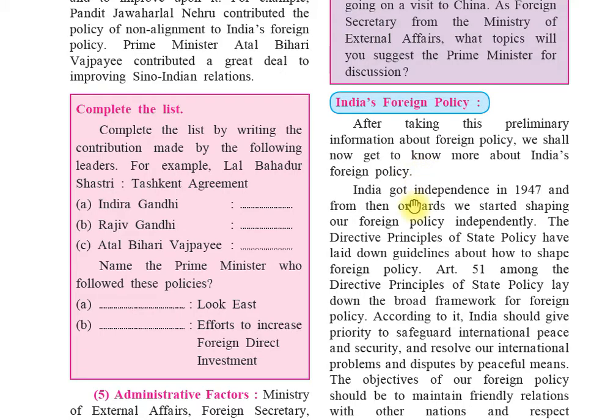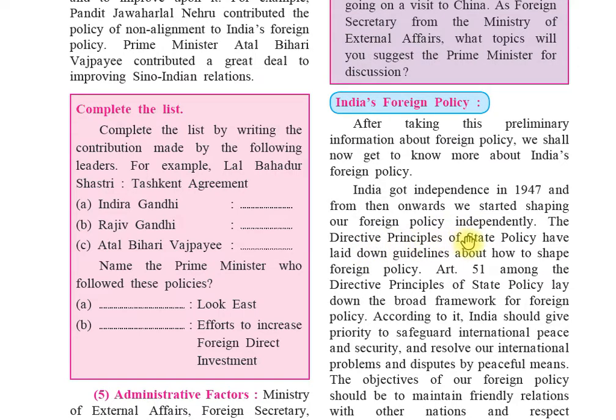India got independence in 1947. As you all know, we got independence in the year 1947, and from then onwards, we started shaping our foreign policies independently.